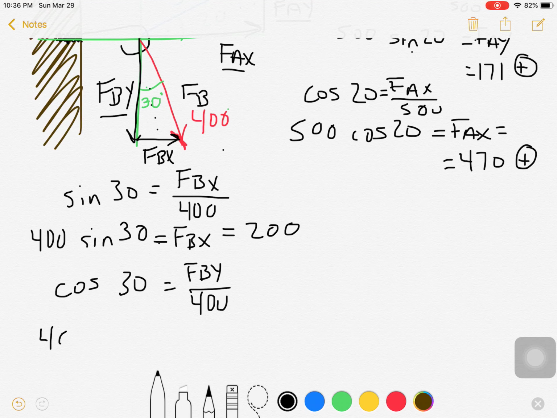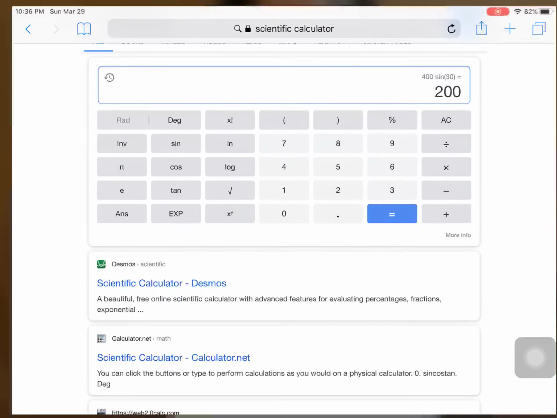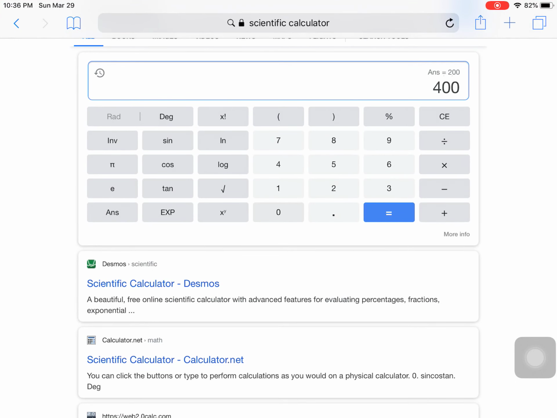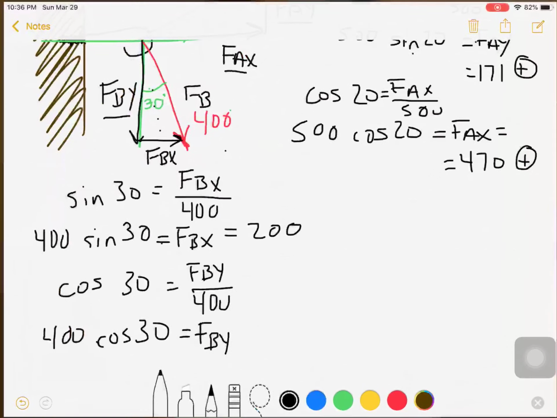Multiply it through on both sides. 400 times the cosine of 30 equals force BY. So that's 346.